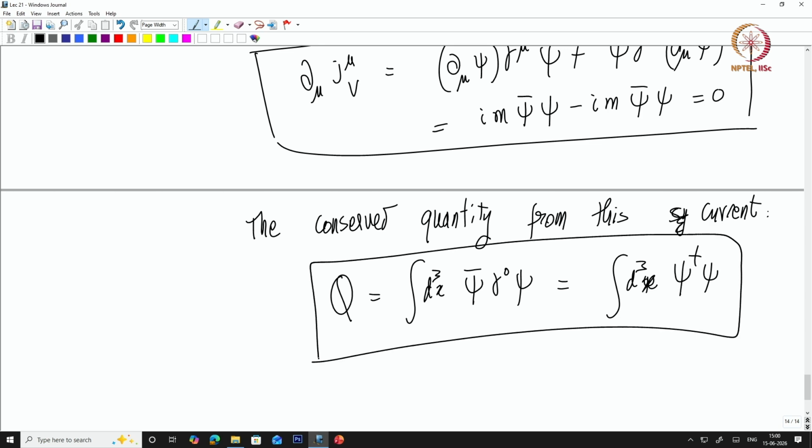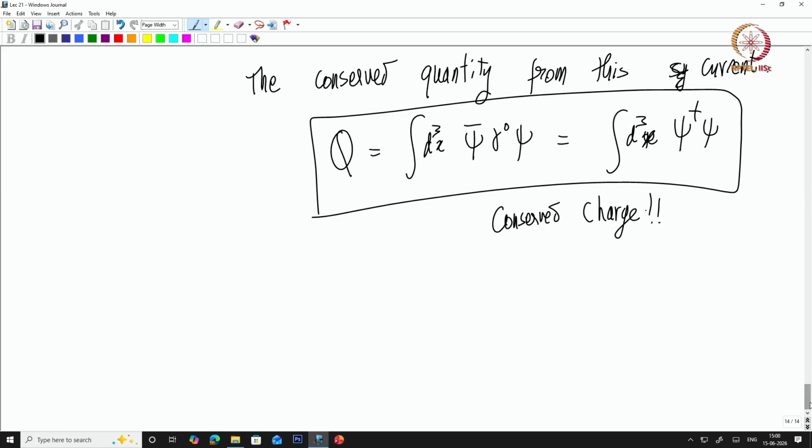This is nothing but the conserved charge. The space part, gamma i, is the conserved current. Now this can be related to a symmetry, which we will see when we are doing interactions.